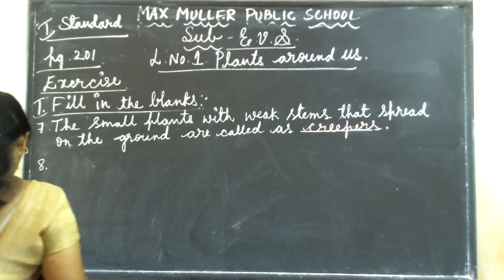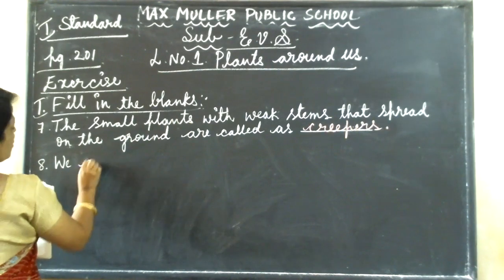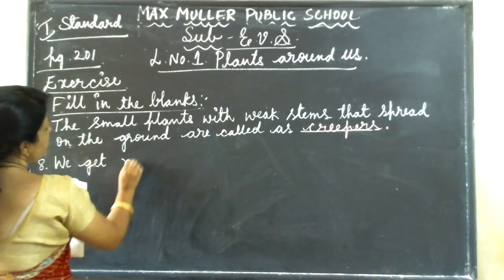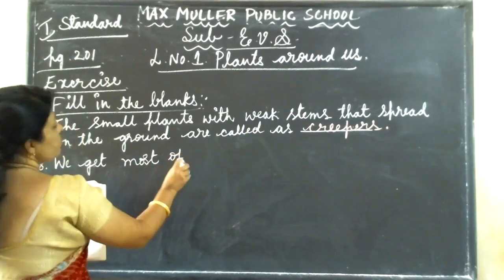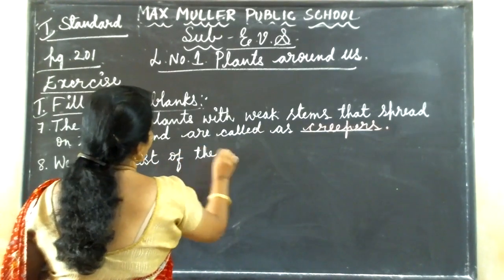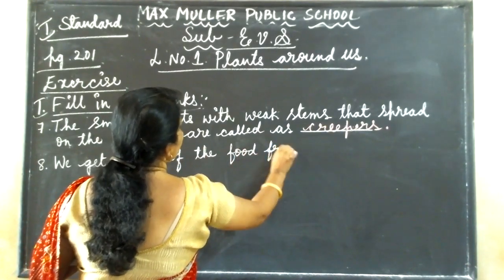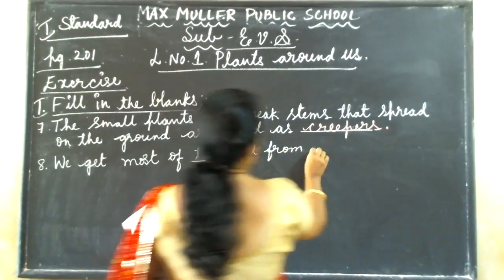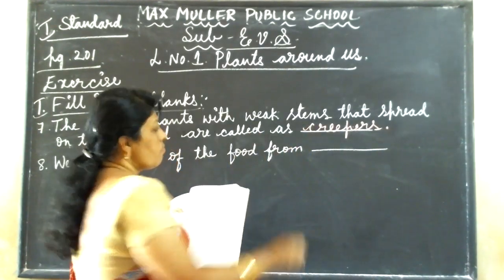We get most of the food from dash. Where do we get it?